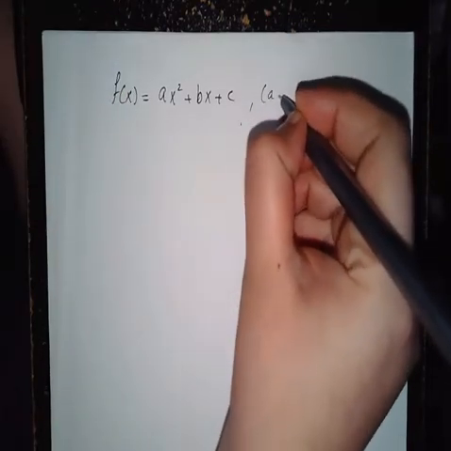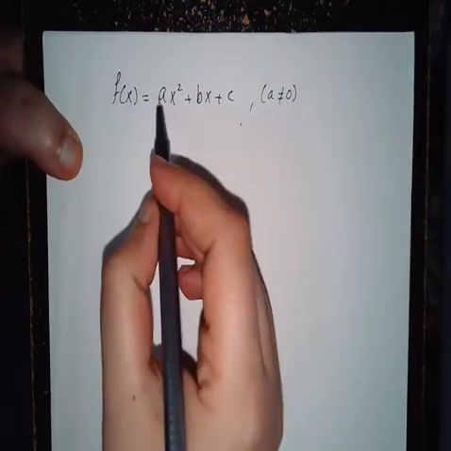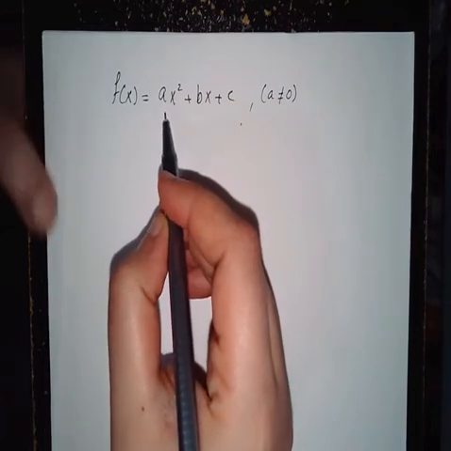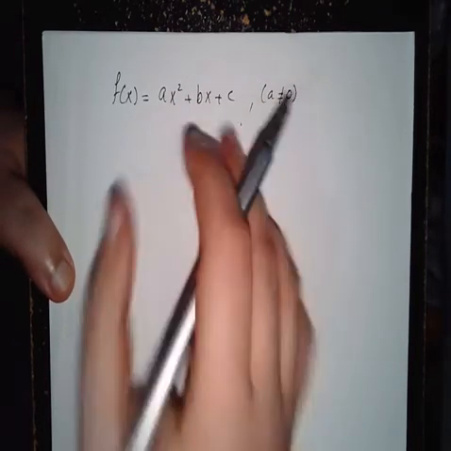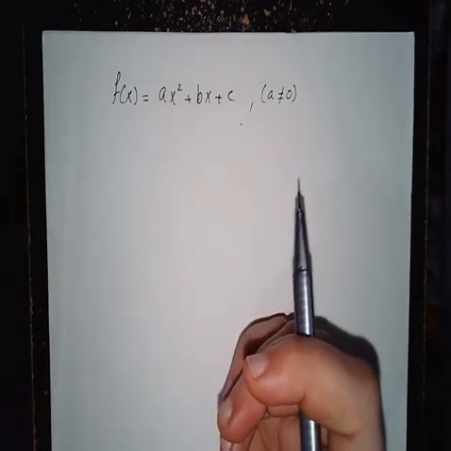Now this is on the rule that a does not equal 0, okay? Because if a is 0, then this number right here, the coefficient of x squared, is going to be 0, which means this is no longer quadratic because the x squared is going to disappear, yeah? So a cannot be 0.